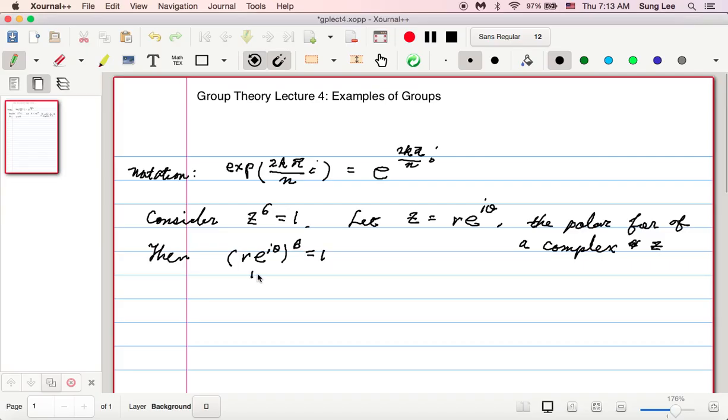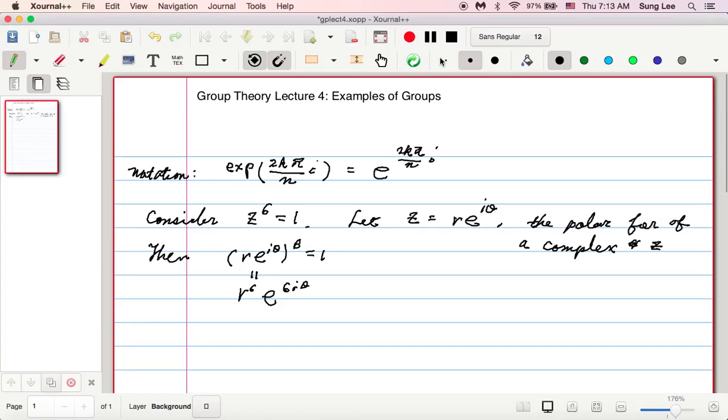And this is the same thing as r to the power 6 times e to the 6 i theta. Here r is, of course, the length of this complex number z, right?